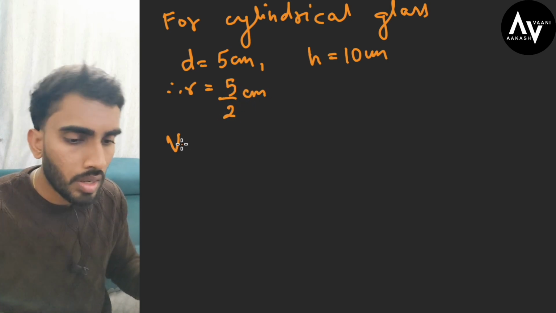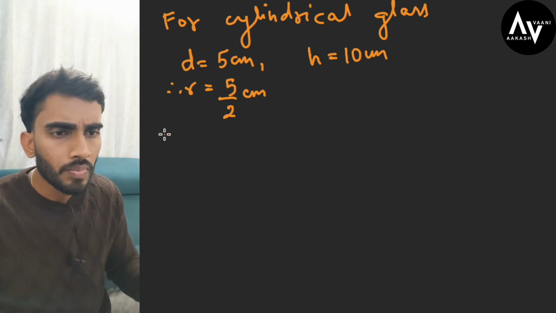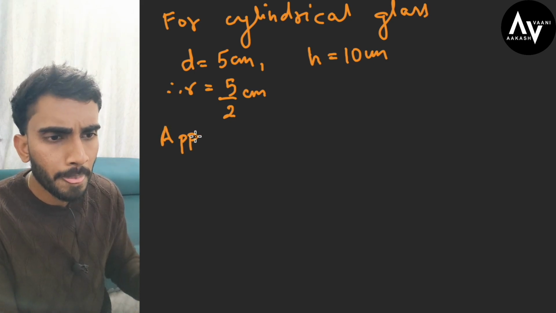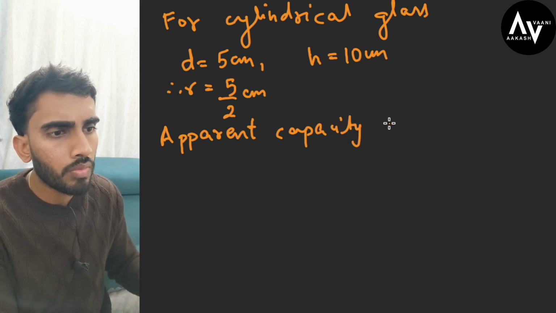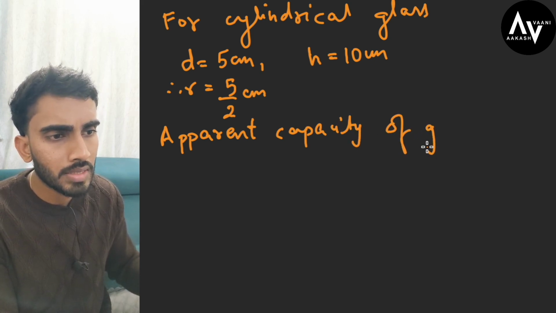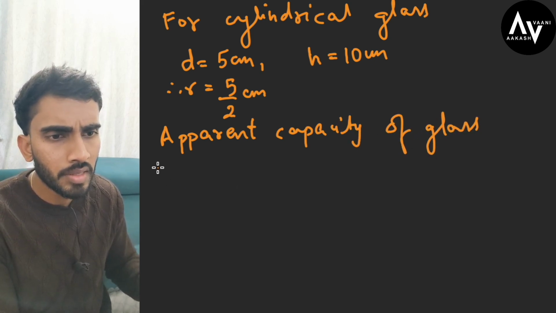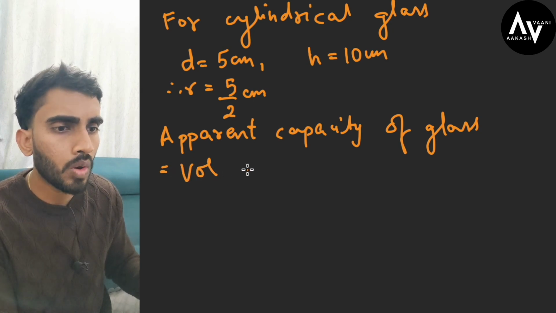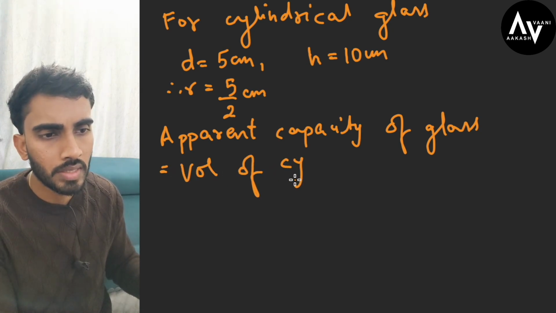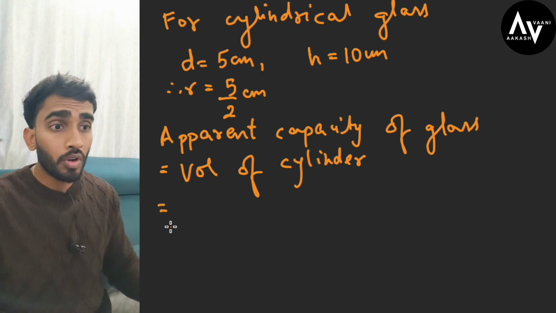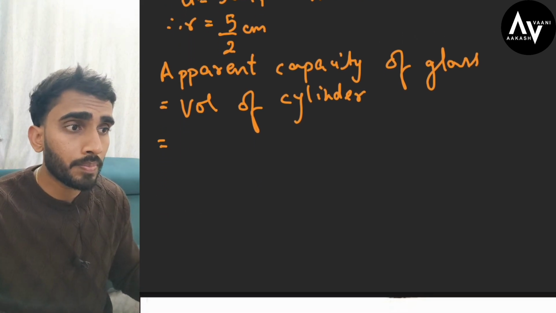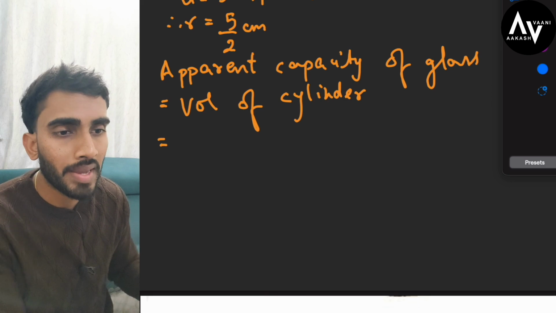So the apparent capacity of the glass means nothing but the volume of the cylinder, right? So what is the formula to find the volume of a cylinder? It is pi r square h.